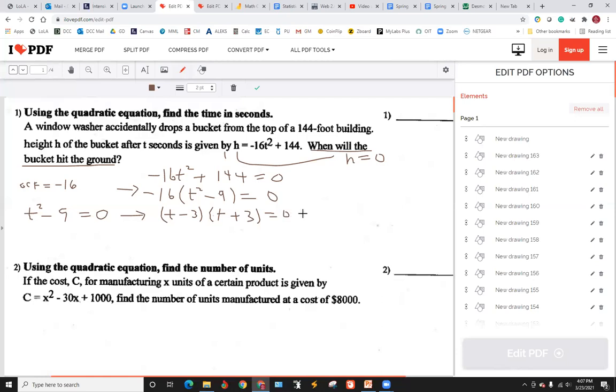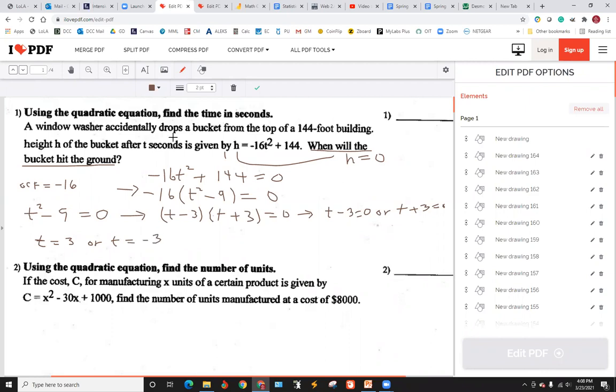Well, we got t is equal to 3 or t is equal to -3.